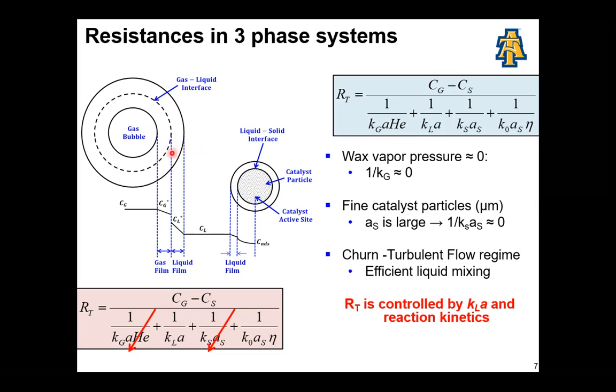Now it's at the catalyst, and it reacts at the catalyst. Once the molecules, hydrogen and CO, get in contact on the catalyst surface, they react. So after this liquid solid interface, it reaches the catalyst particle, and the reaction happens. That's it.